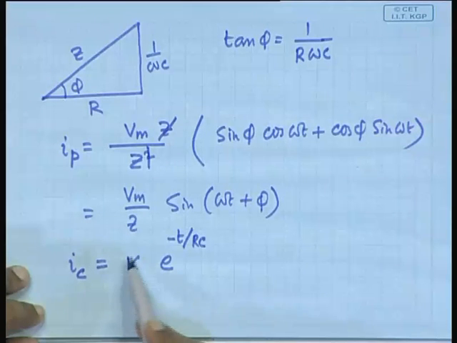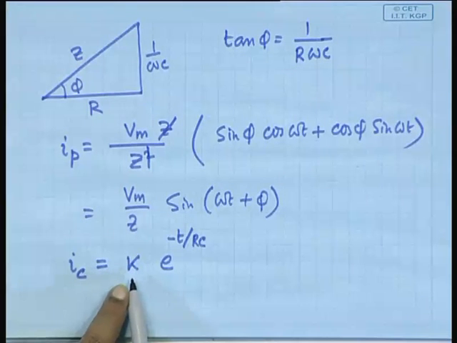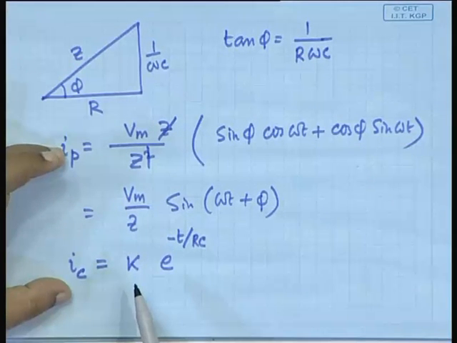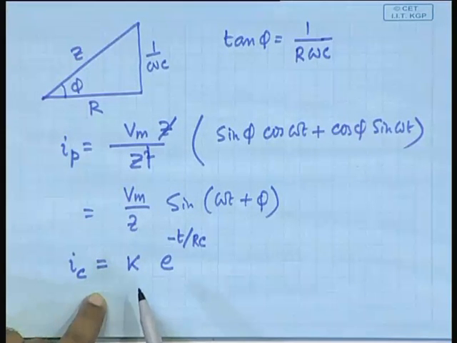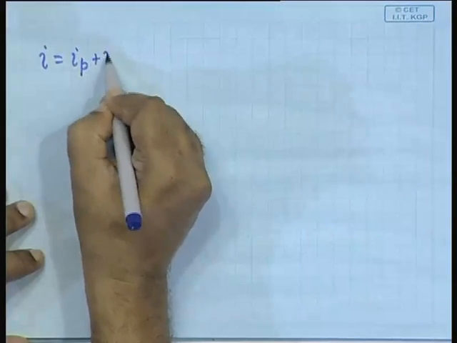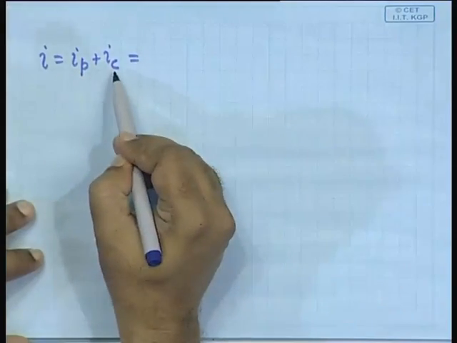Where do you get the k from? K has to be obtained from the initial condition. But now notice that the initial condition has to be the initial condition of the total current, which is the addition of these two, not just obtained from here. So, your total current is I is equal to I p plus I c, your particular integral and the complementary function.